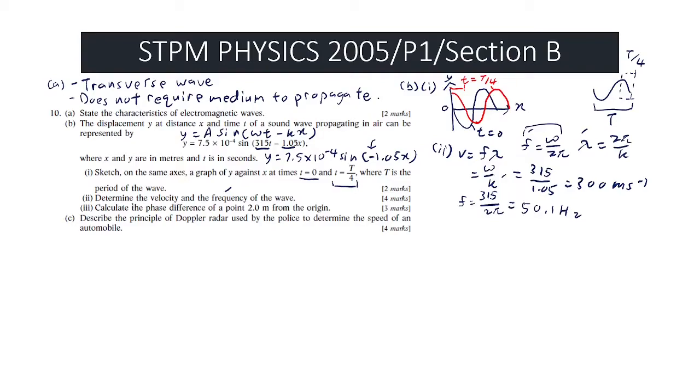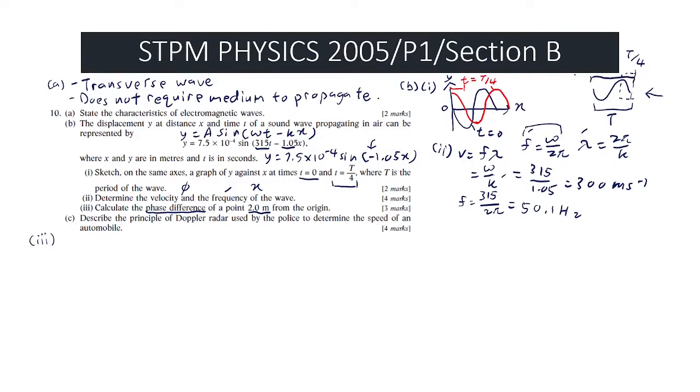And now calculate the phase difference of the point 2.0 from the origin. So let's say this phase difference is given by phi, and this is given by x. Now again, we refer back to this diagram here, and you can see this is one complete oscillation.